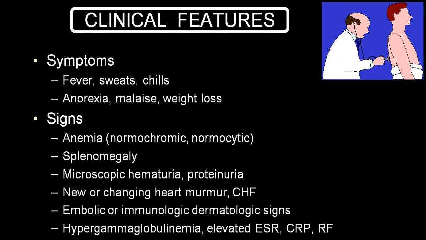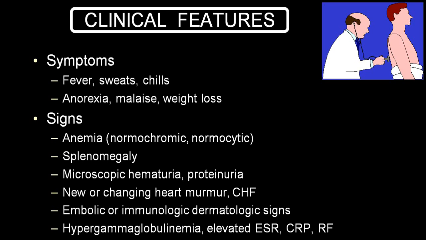Clinical features you can divide into general symptoms and signs like fever, with chills or without chills, anorexia, malaise, loss of weight. Clinical signs-wise, anemia, which is very commonly normochromic, normocytic, mild splenomegaly, microscopic hematuria, proteinuria. You will have a changing heart murmur on cardiovascular auscultation, and the person can precipitate congestive heart failure.